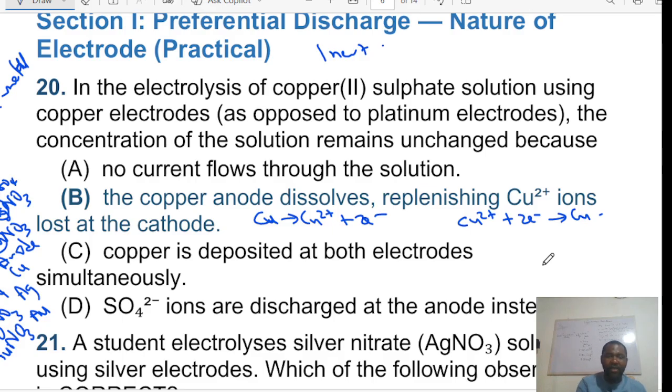No. B says the copper anode dissolves, replenishing copper ions lost at the cathode. You see that? So it replenishes. The process is a cycle, just like I told you. You can see two different sides of the same equation, and that is the answer to the question. C says copper is deposited at both electrodes. That's not true. D says SO4 ions are discharged at the anode.